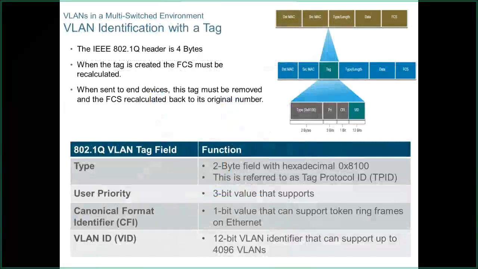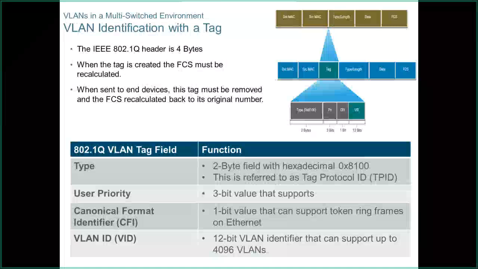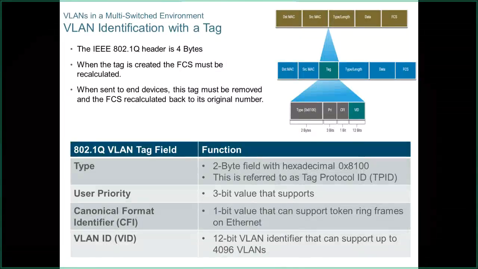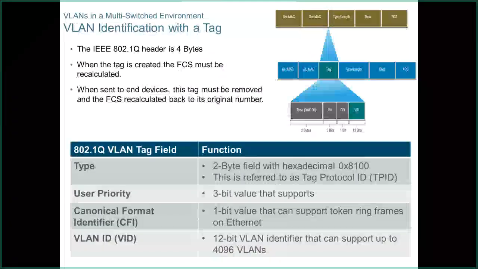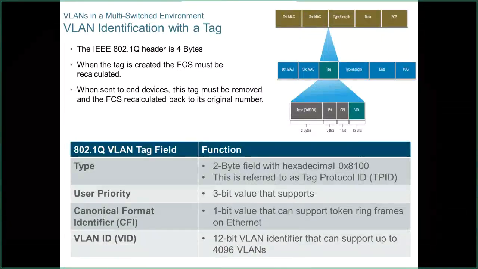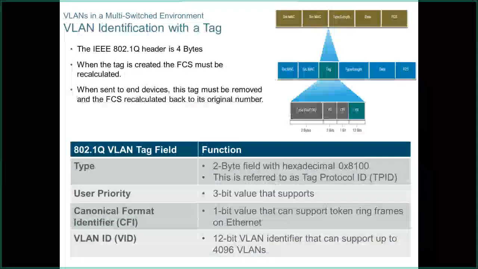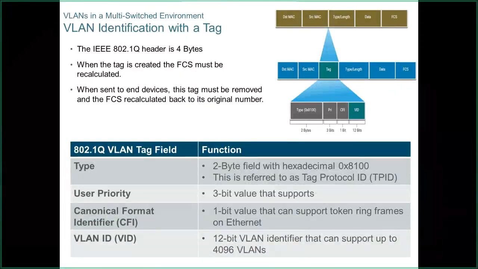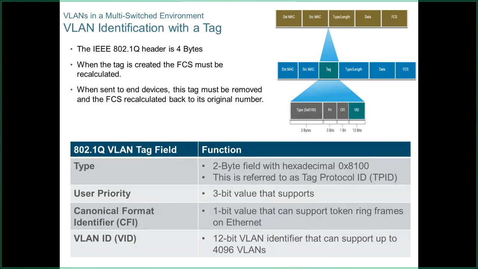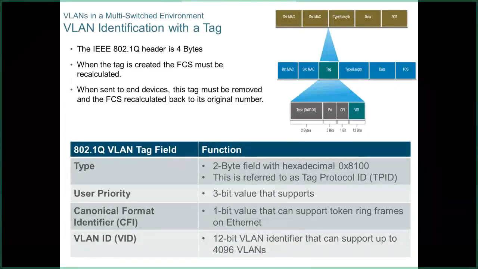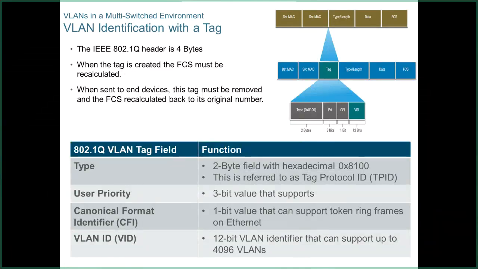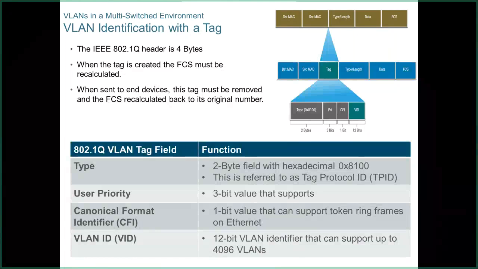So how does it work? When traffic is about to travel across a trunk, the trunking protocol inserts a little tag between the source MAC address and the type length field. And this contains the type of protocol that is there, the priority value, the CFI, which tells it whether it's a token ring frame inside an Ethernet frame.